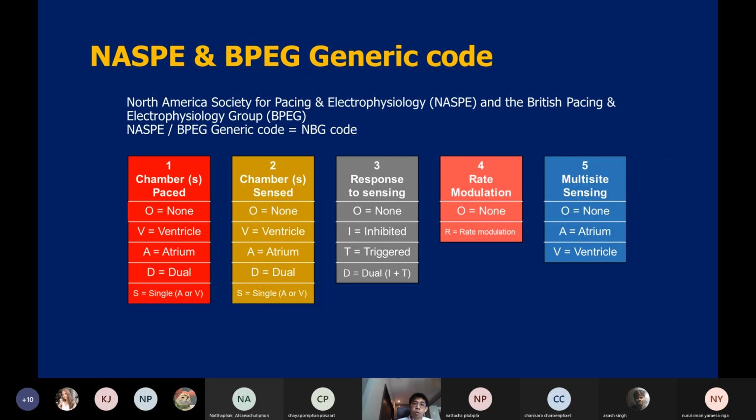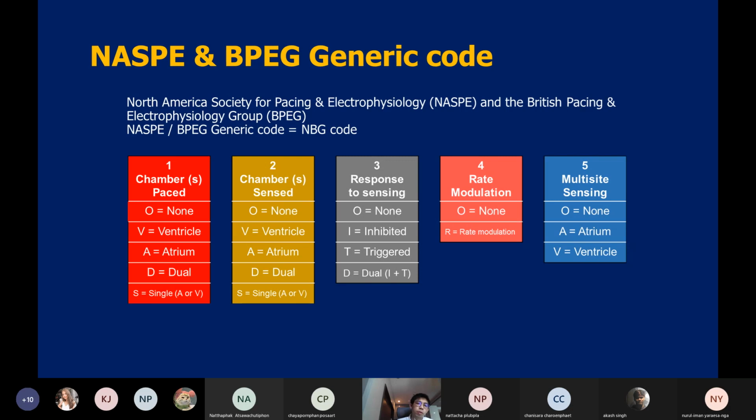The first letter in the code represents the chamber of pacing. There are 4 types of codes. The O equals none, V is ventricle, A is atrium, and D is dual. For the pacemaker, actually there are only 3 that could be in the name, because you have to have a lead in either the ventricle or the atrium.